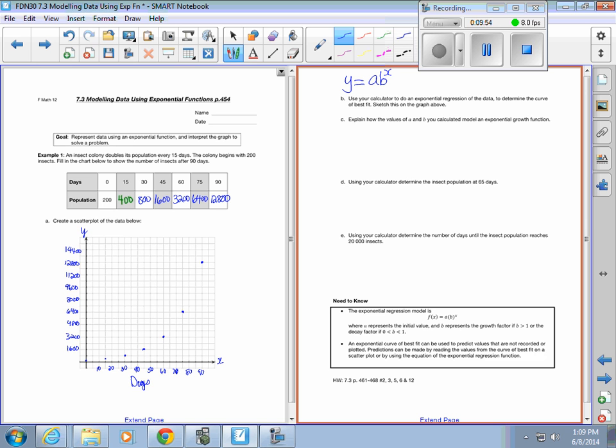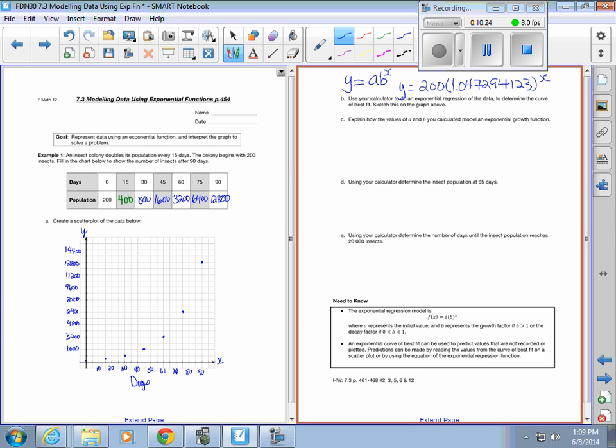So it said a was 200 and our b was, I'm going to round this to 1.047, I'll put that on here, but when I'm doing it into my calculator, I'm going to put the full decimal. Actually, I'll write it all down. 1.047294123 to the power of x.